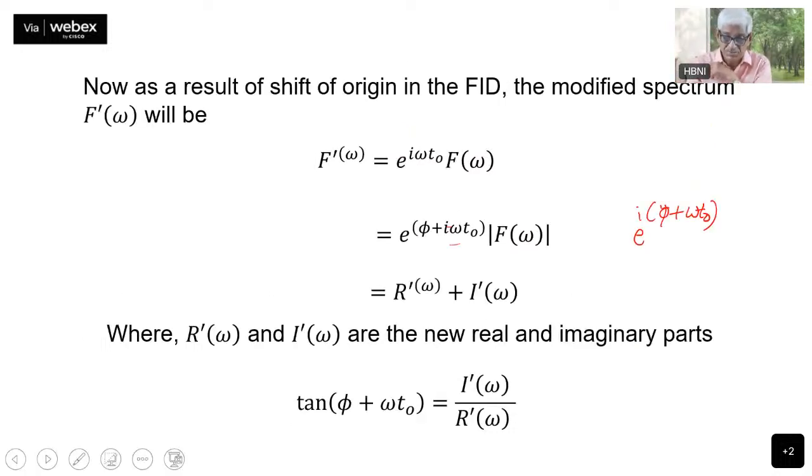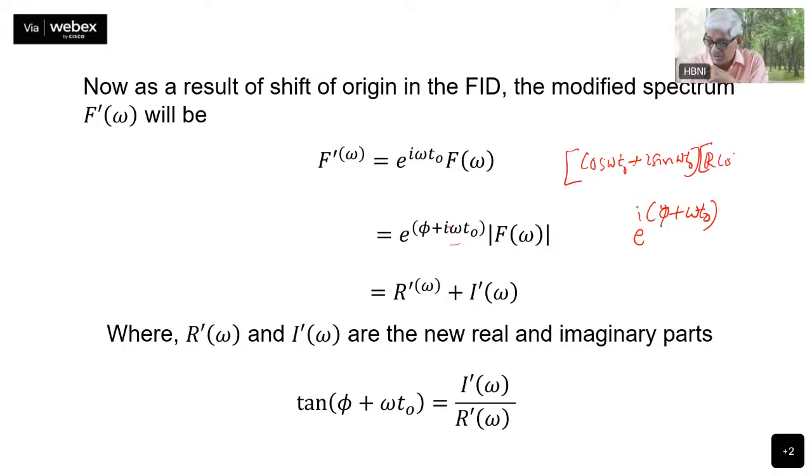This comes from this expansion itself. The product is cosine ωt0 plus i sine ωt0 multiplied by R(ω) plus iI(ω).